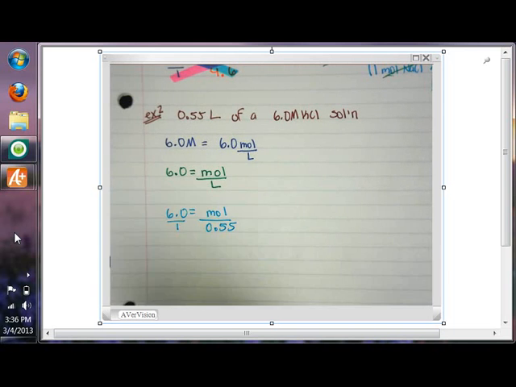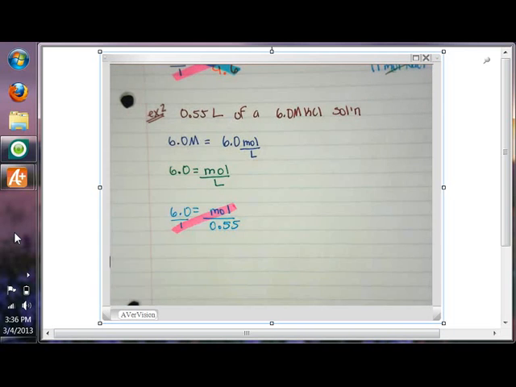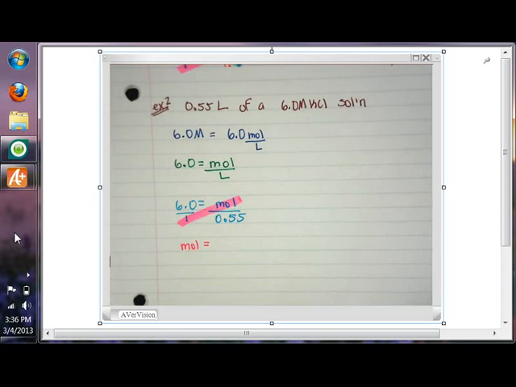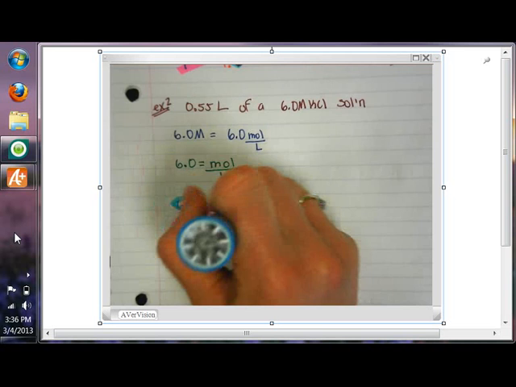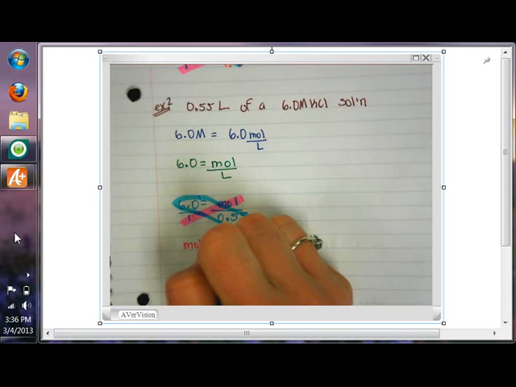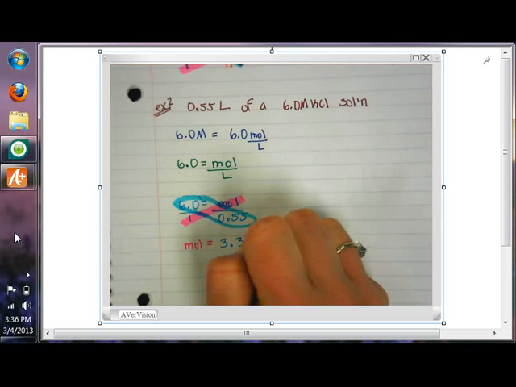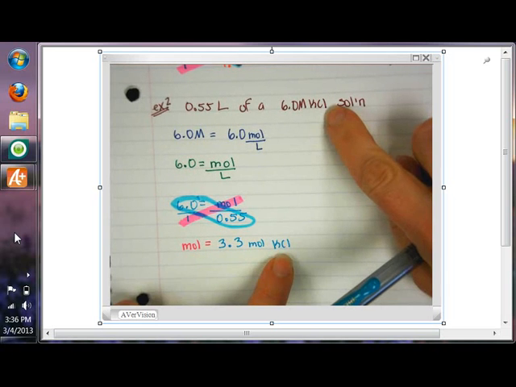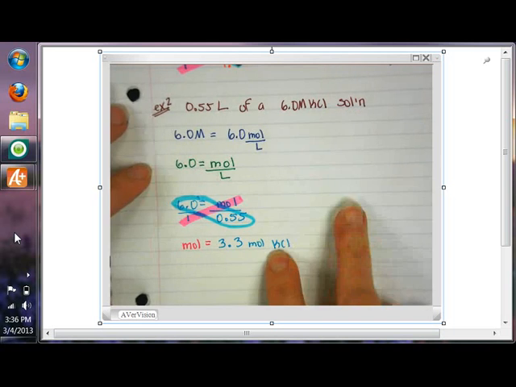Technically, the 6 is over a 1, and I'm just going to cross multiply these guys. So moles equals 6.0 times 0.55. That gives me 3.3 moles, and it's of KCl, because they said it was KCl right here.